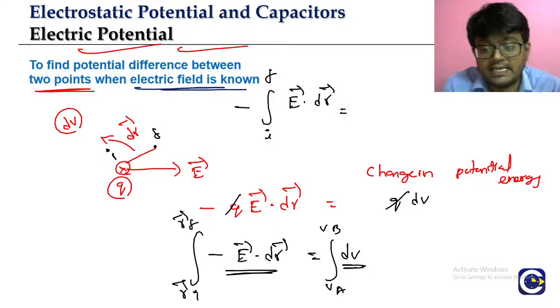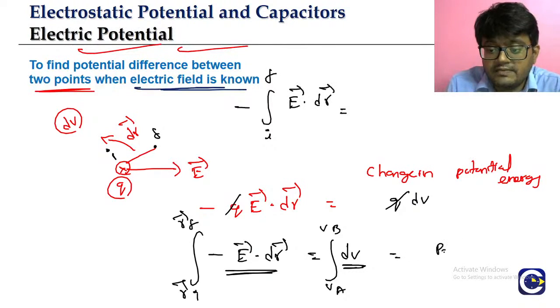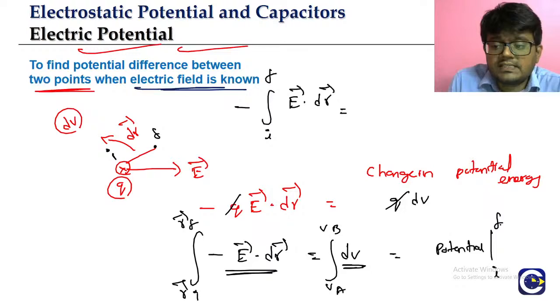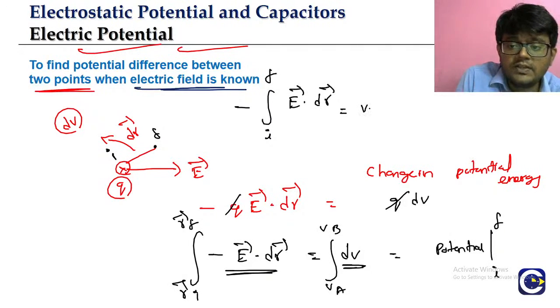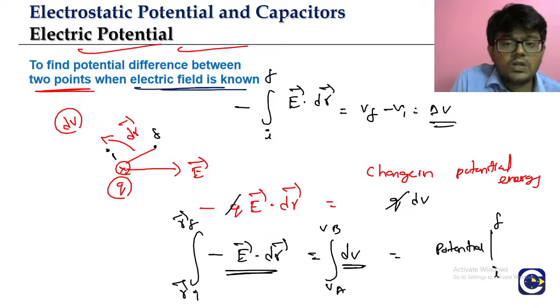On the right hand side, integral of dV means the potential between the limits initial and final, which means V final minus V initial. That is what we call the potential difference.